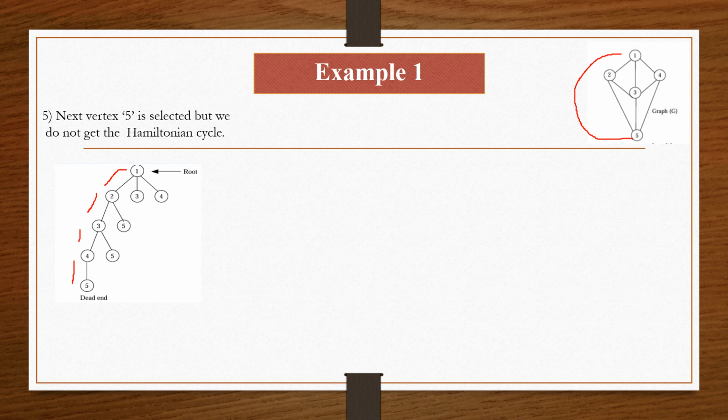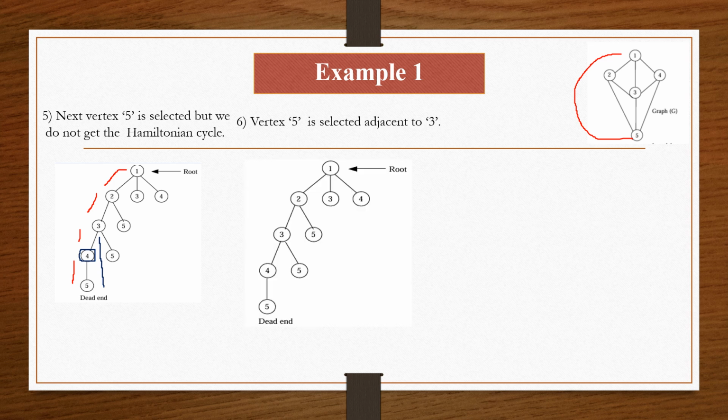So at this time we backtrack. So we go to 3 because we have already explored 4. From that only we came to 5. So we will backtrack to 3. So 3 is connected to 2, 4 and 5.